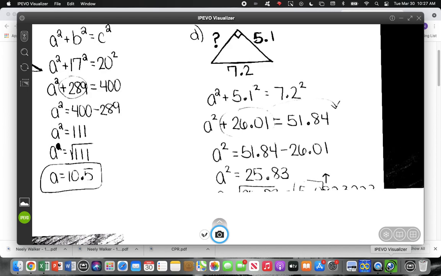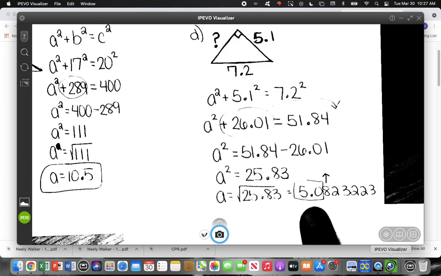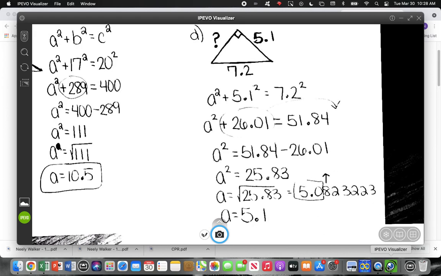Now, when I got this, this is what I got: 5.0823223 and a bunch of other stuff. But I only want one place. So we have 5.0. The 8 tells us to round up, so I should have it as 5.1. How'd you do?